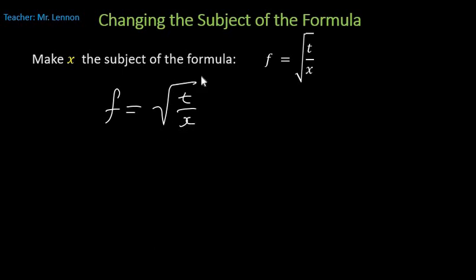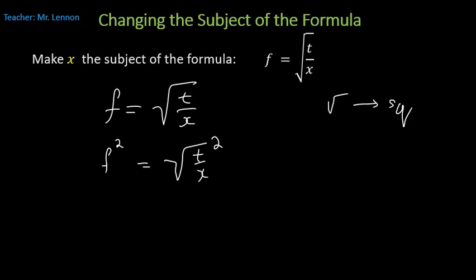We first need to remove what's affecting everything else. The square root is applying to t divided by x. So we need to remove this square root. And to remove a square root, we use square. So we're going to square both sides. And so this will give us f squared, and the square root of t over x also squared.